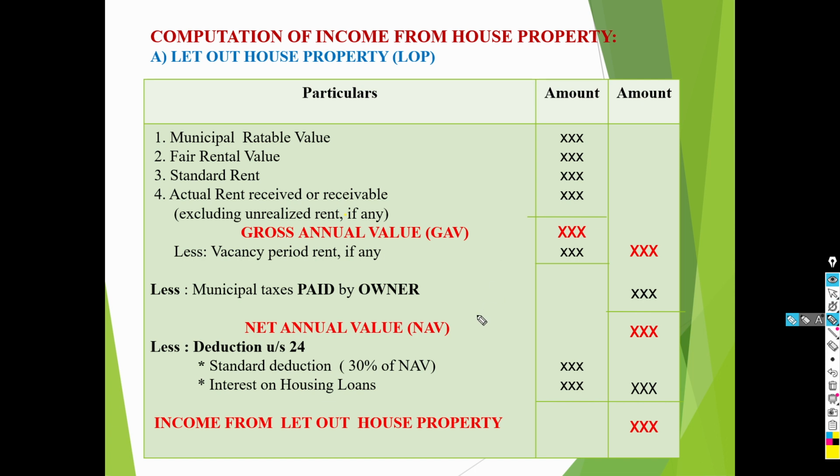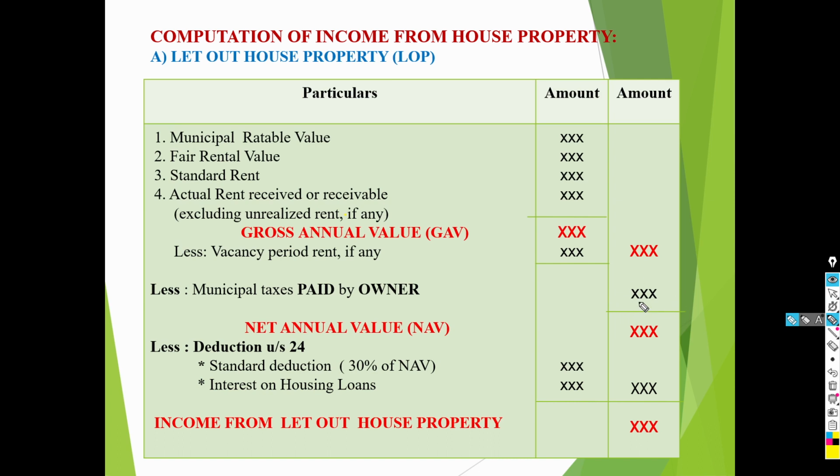Now, after getting the gross annual value, you have to deduct the municipal taxes paid by the owner. Here you have to consider only taxes paid and paid by the owner; taxes payable, or paid by any other party, cannot be deducted from the gross annual value.